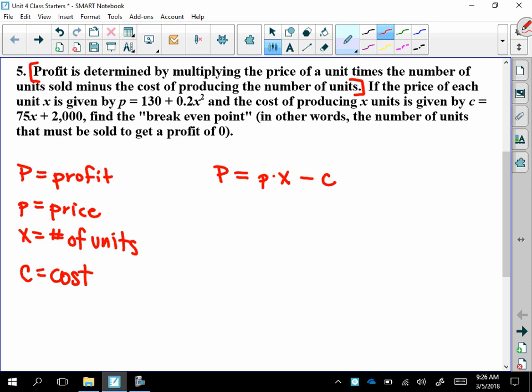So we'll start plugging everything in. Profit is equal to, what's the expression for the price? 130 plus 0.2x squared. That's lowercase p times x minus the cost function, which is 75x plus 2,000.